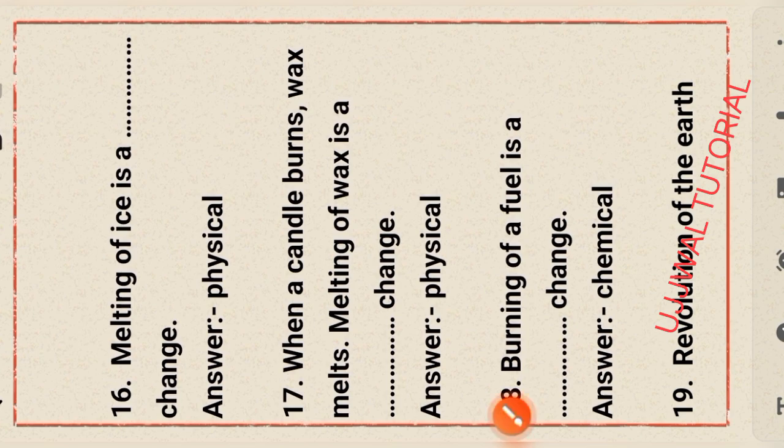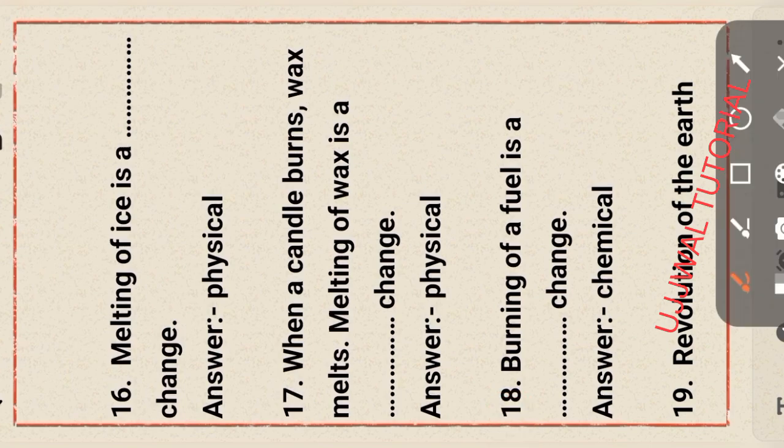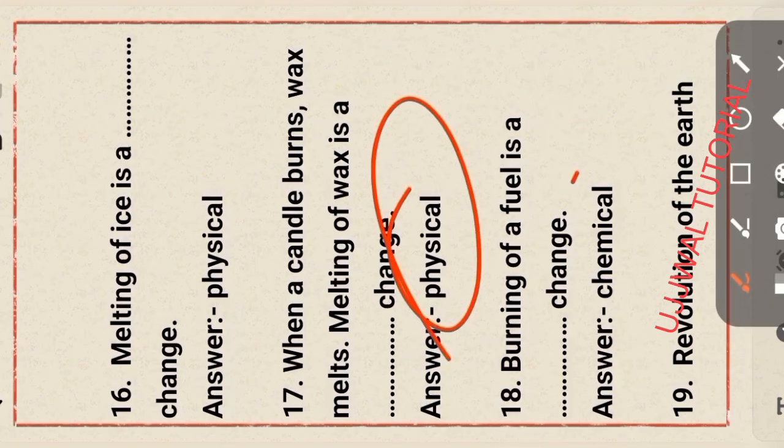Melting of wax is a physical change, but burning of a candle indicates a chemical change. Okay. Next question, burning of foil is a chemical change, that is, it changes the composition, so burning of foil is a chemical change.